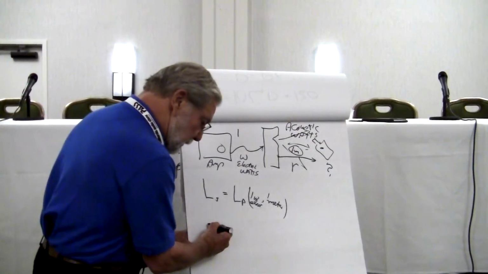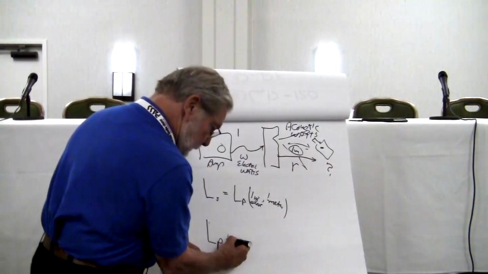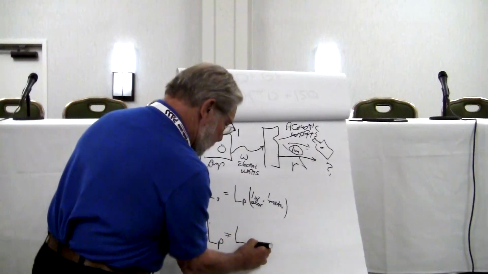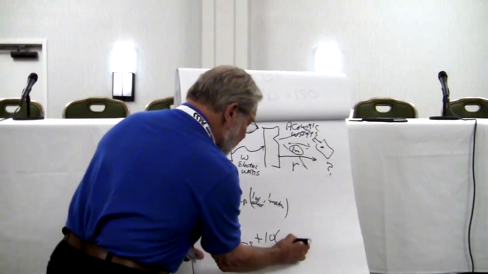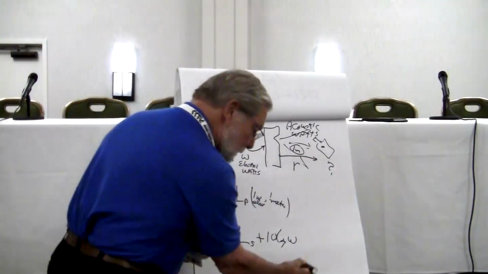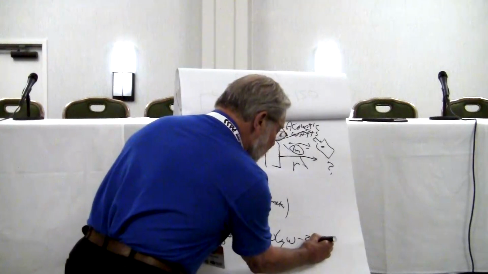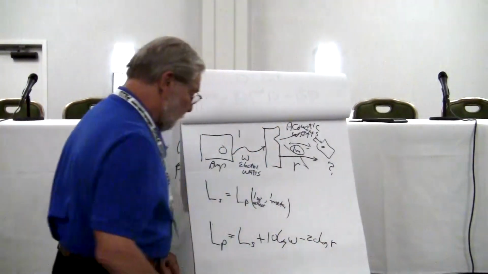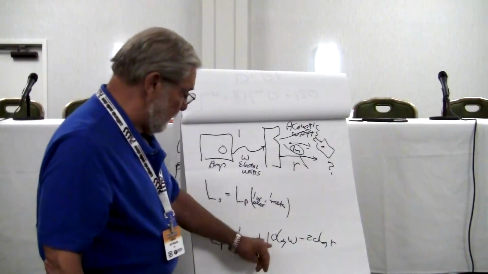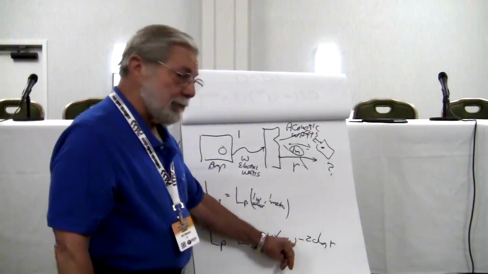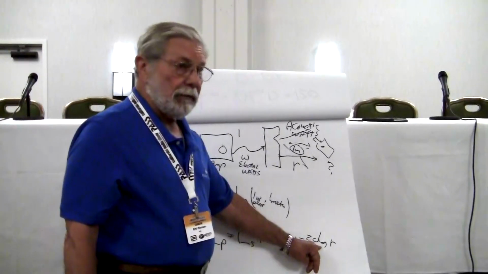The sound level, LP, is equal to speaker sensitivity plus 10 log of the electric power going into it, minus 20 log R. So how loud the speaker is, is the speaker sensitivity plus how much power you're driving it with, 10 log W, minus how far away you are from it.